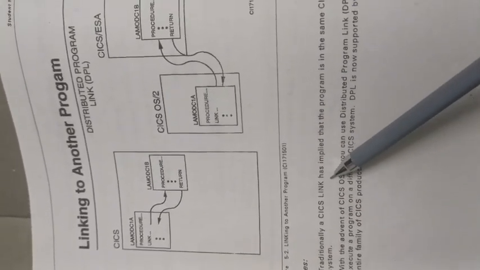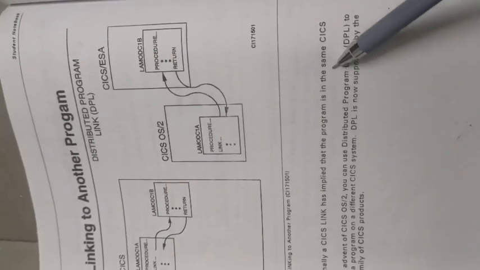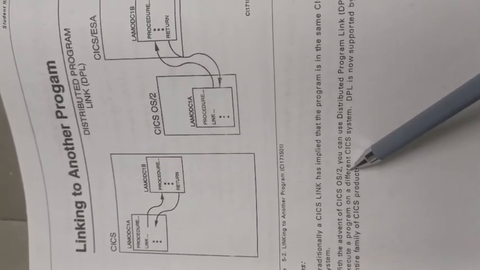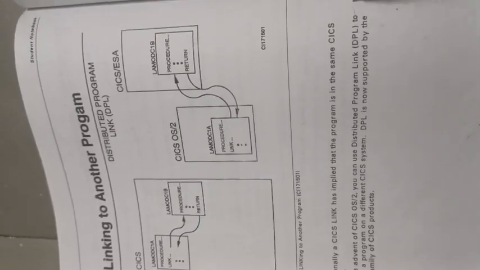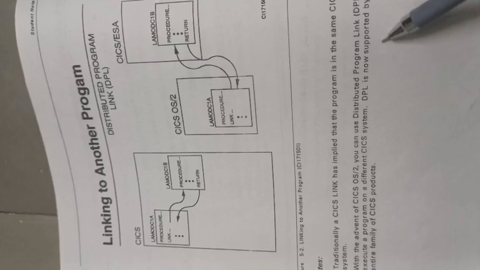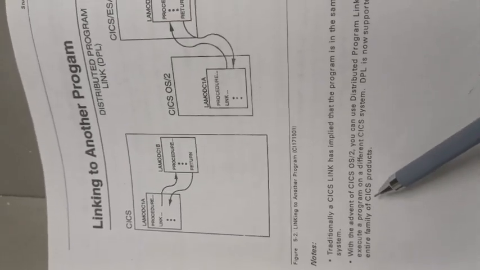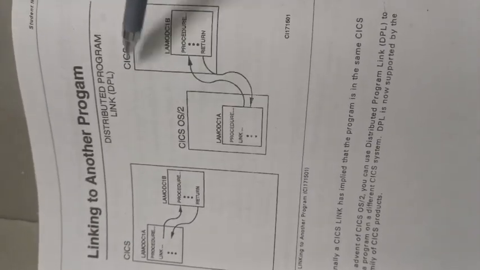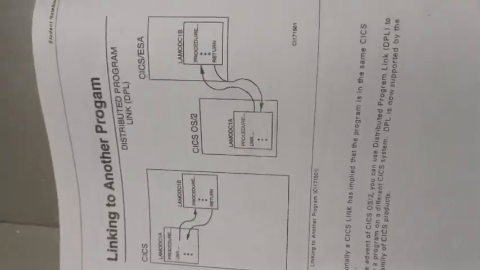Traditionally, CICS LINK implied that the program is in the same CICS system. What is the advantage of CICS OS/2? You can use a distributed program link to execute a program in a different CICS system. DPL is now supported across the entire family of CICS products. With the advantage of DPL, we can link with different versions of CICS.